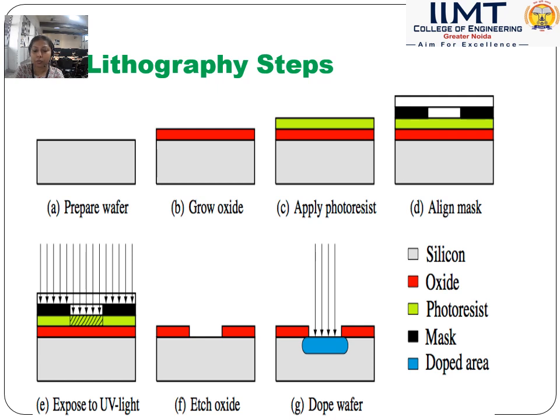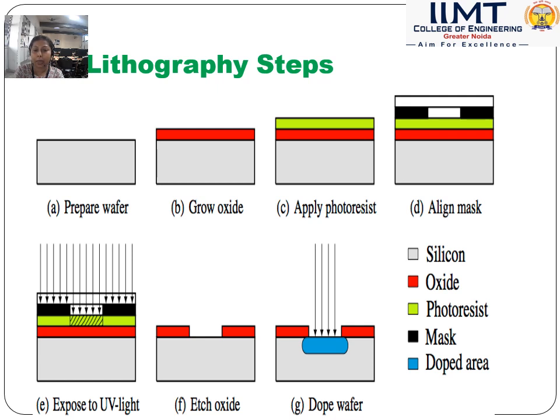After that, we apply a photoresist material over the silicon oxide layer. We also use the mask in a particular alignment so that we can expose light onto a particular portion of the silicon wafer.